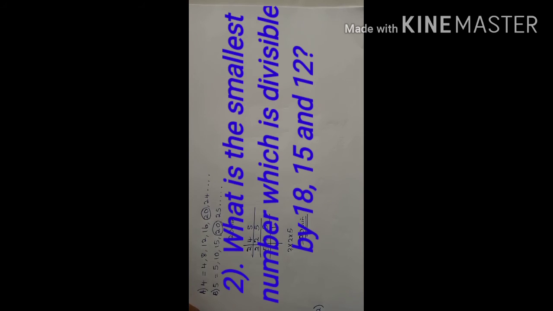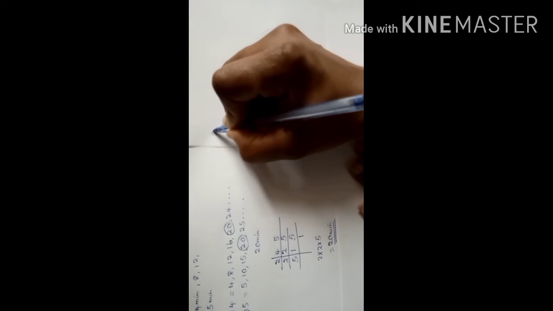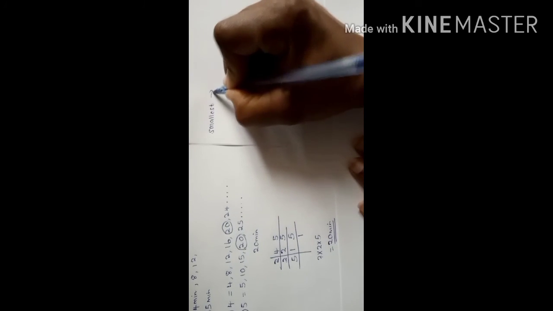So our second question is, what is the smallest number which is divisible by 18, 15, and 12? So the first thing you need to realize is that the word smallest is synonymous to the word least.